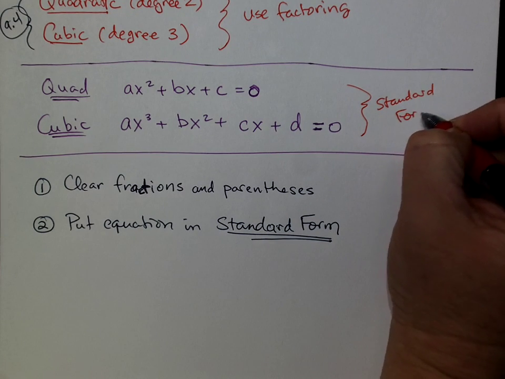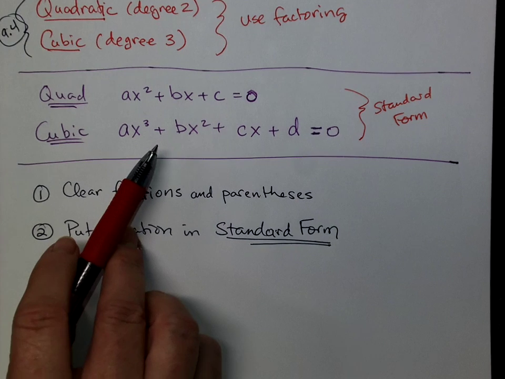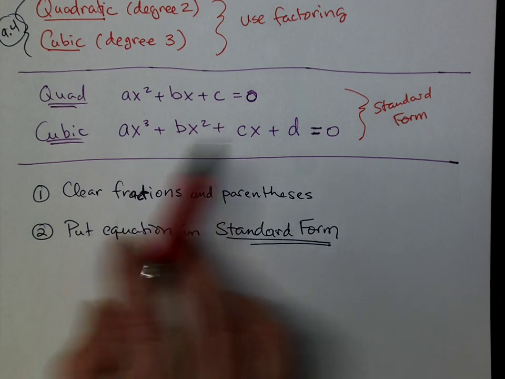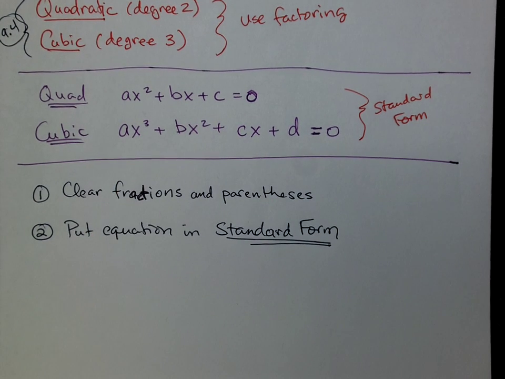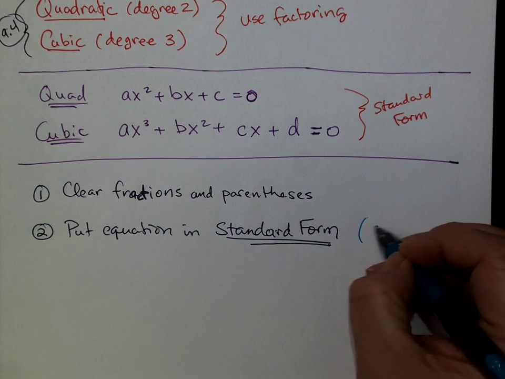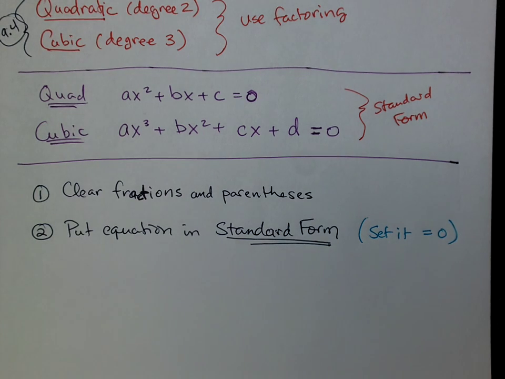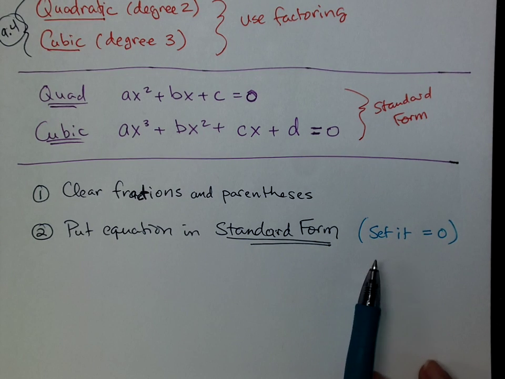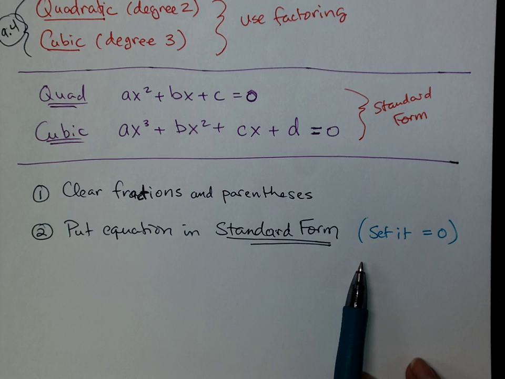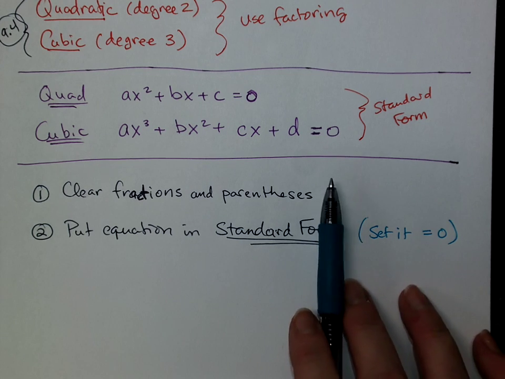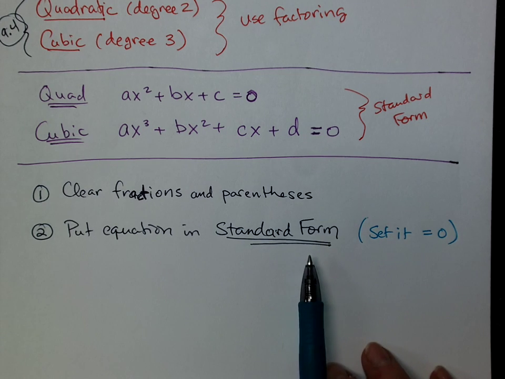Standard form means all of your terms on the left and 0 on the right. Okay? So basically what you're doing here is you are setting it equal to 0. Okay? So if it's equal to 0 already when you're given it, sometimes it is, you're good to go.